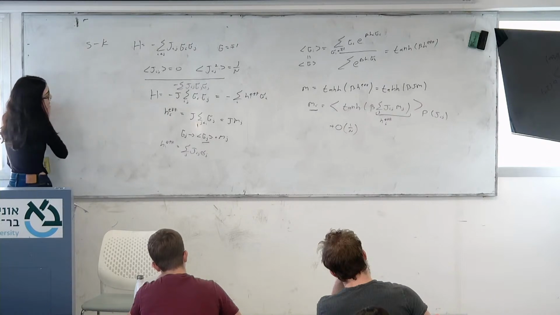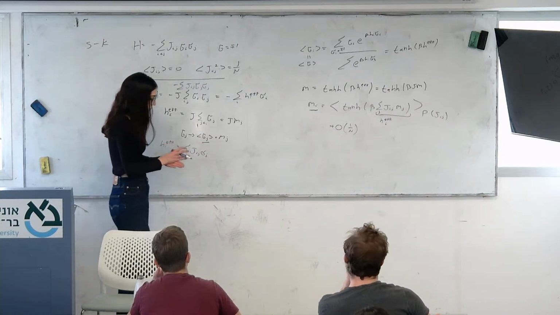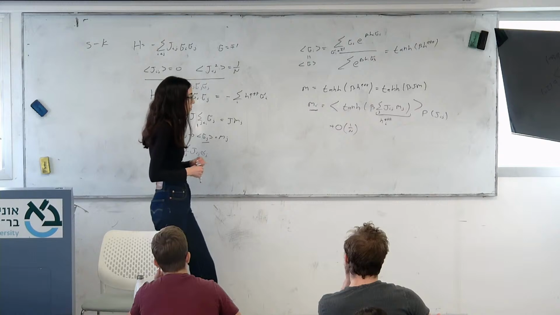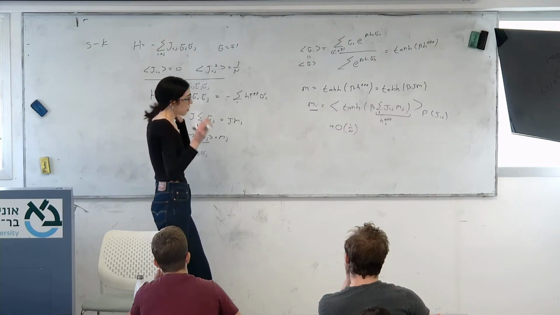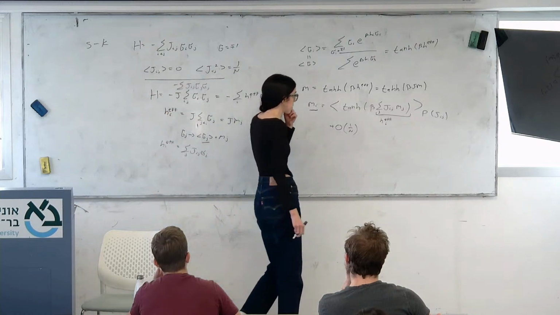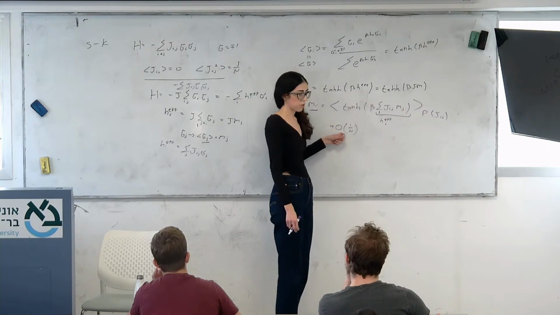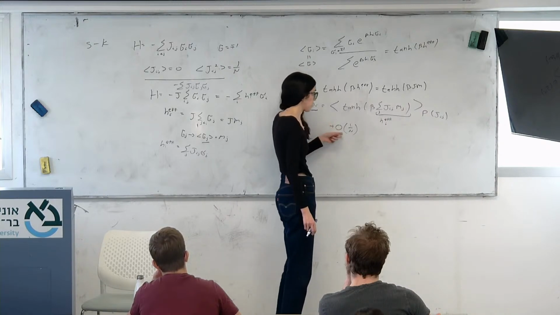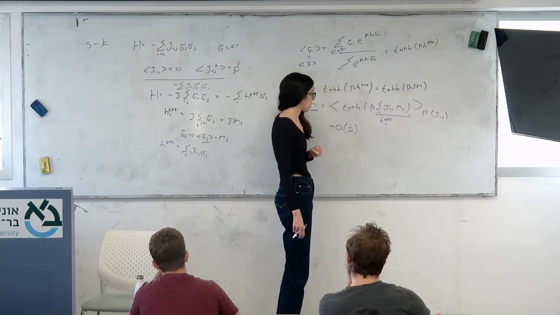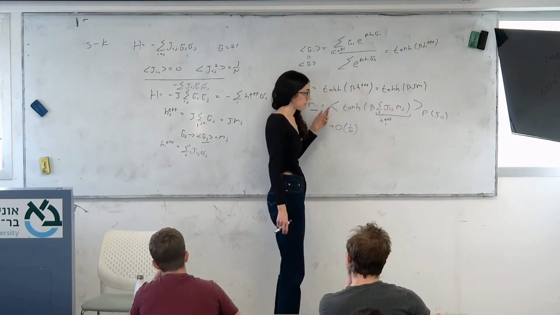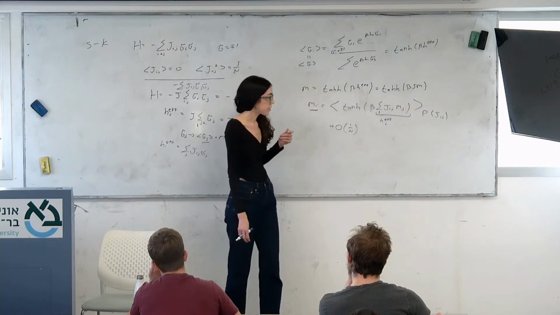So questions so far? Okay, so this correction is called the Onsager correction, and we have a few ways to find it.